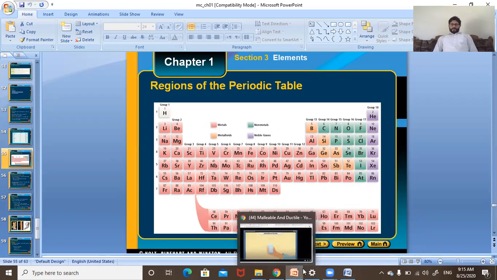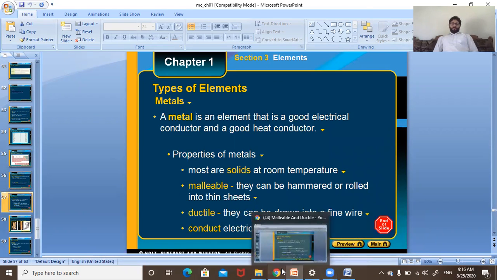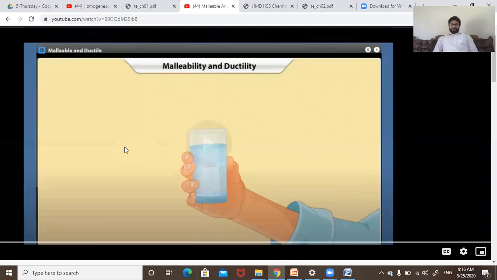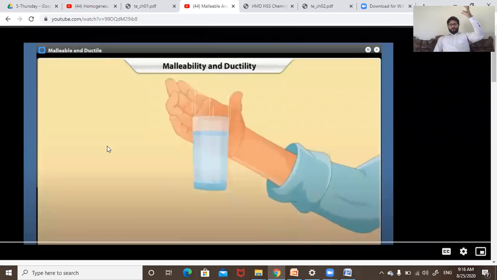The next property is related to malleable and ductile. So what is malleable, and what is ductile? Let me give you a graphical representation. If you look here, this is a glass filled with water. Glass is a non-metal. When we drop it, what will happen?